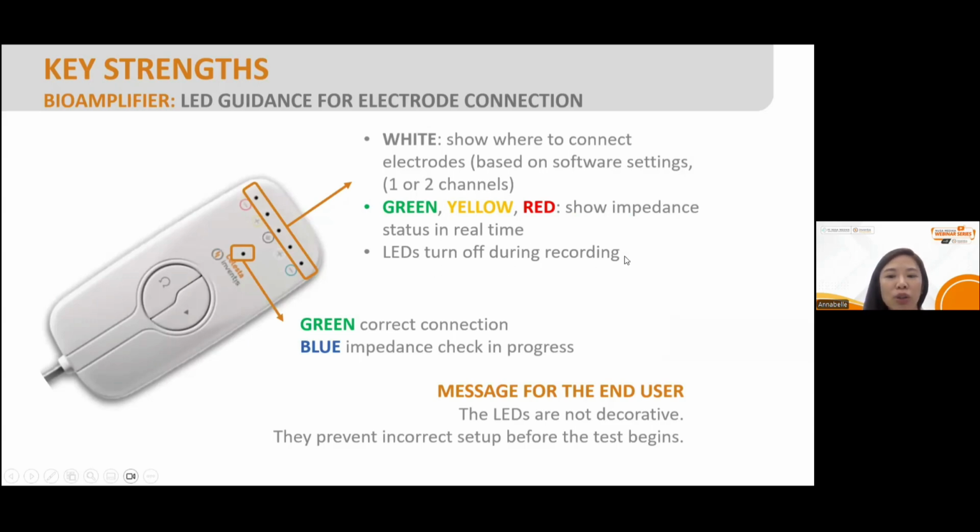The test can't be started when it's in red. When it's recording the test, all these LEDs turn off, so we reduce the light so that the child is not woken up. And then blue is for checking the impedance.